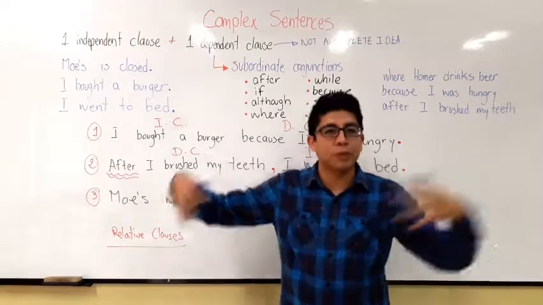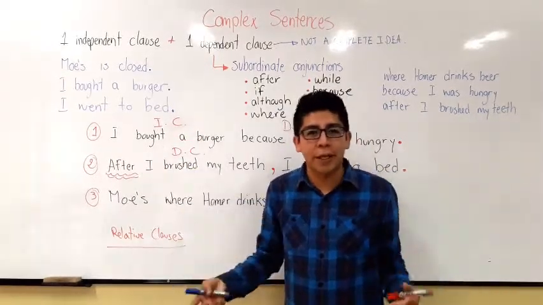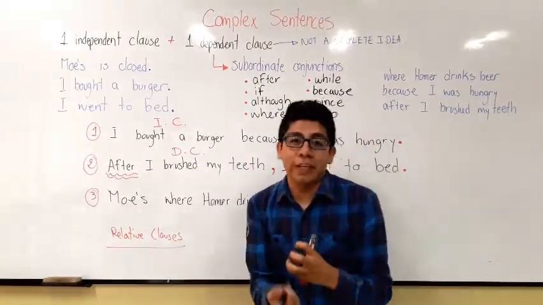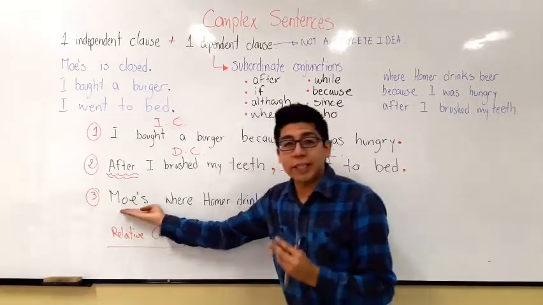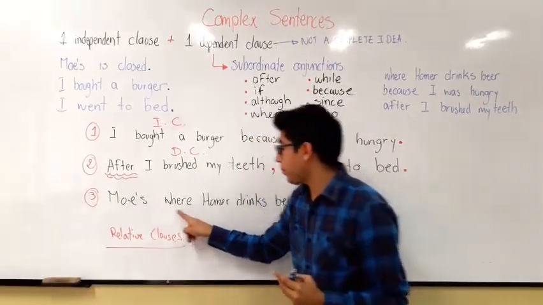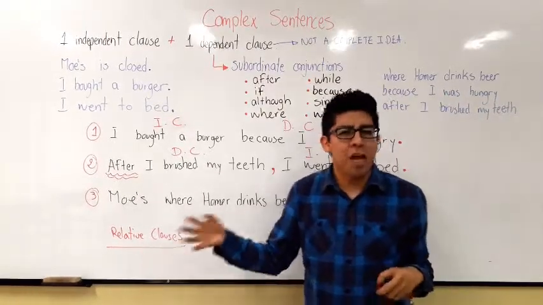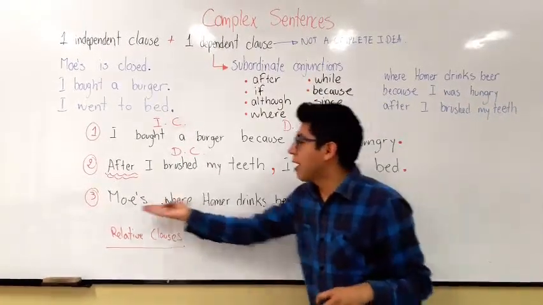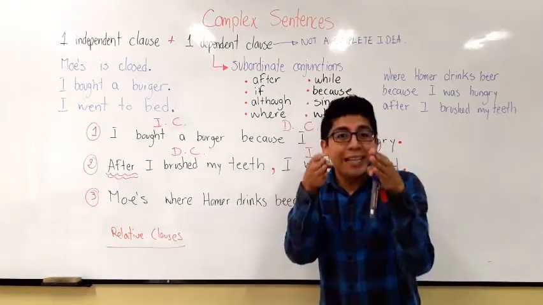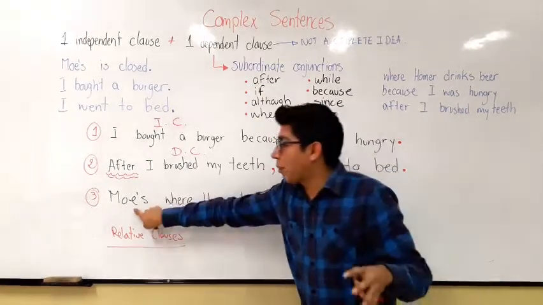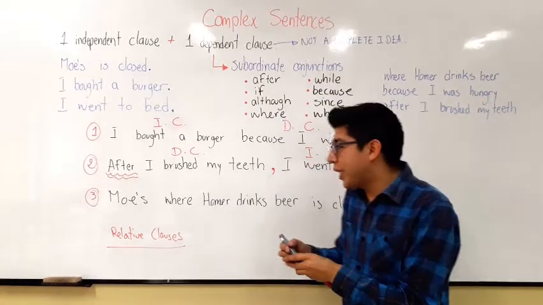This is a place where Homer goes and drinks, right? So when you know what this refers to, this dependent clause is extra information. Like, this is clarifying Moe's, but as you know what Moe's is, you don't need this.